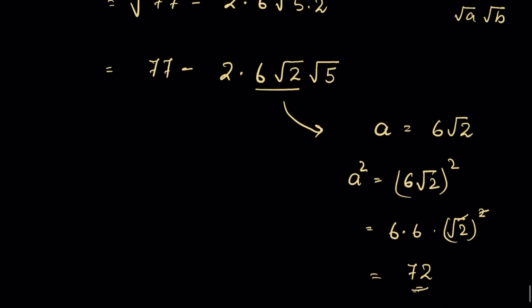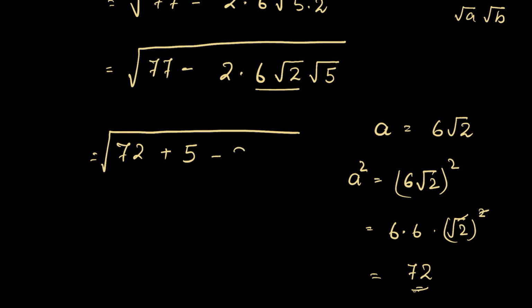So 77 we can write as 72 plus 5, then minus 2 times 6 times the square root of 2 times the square root of 5.